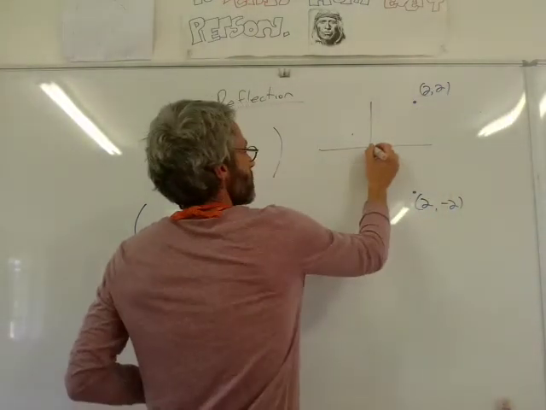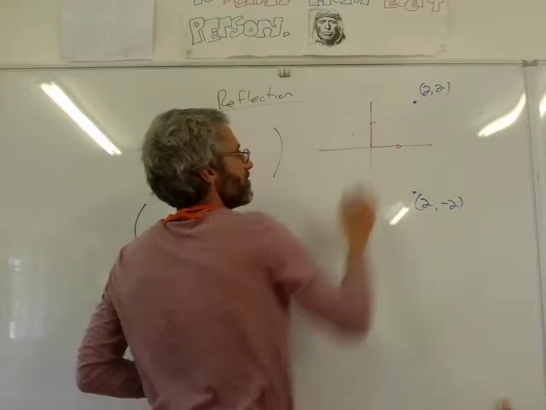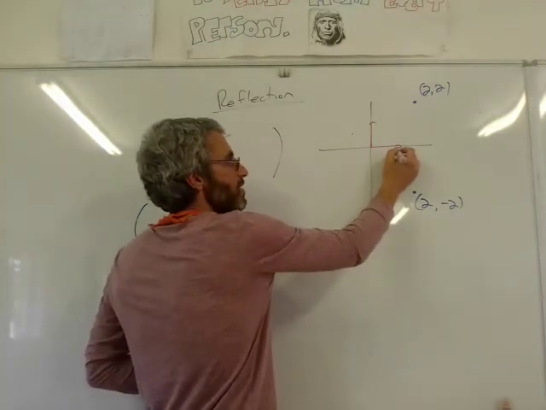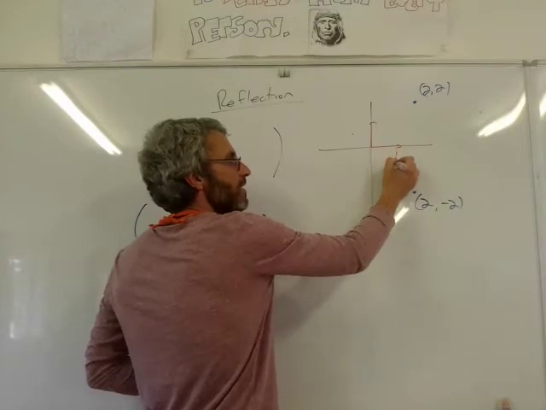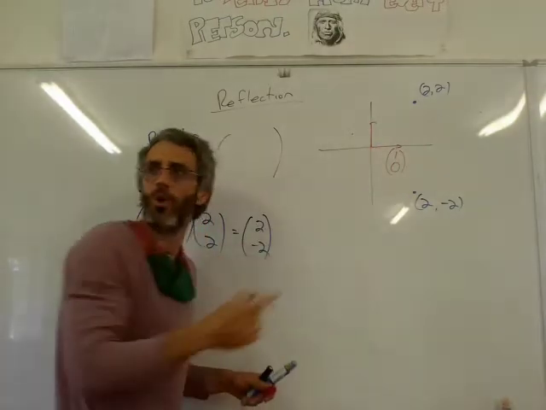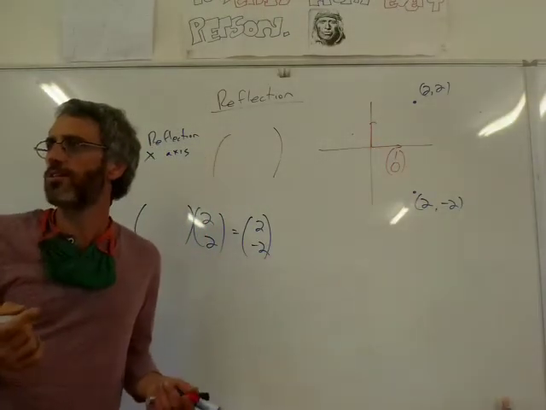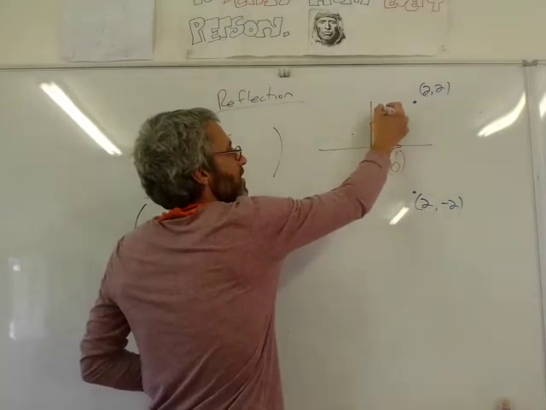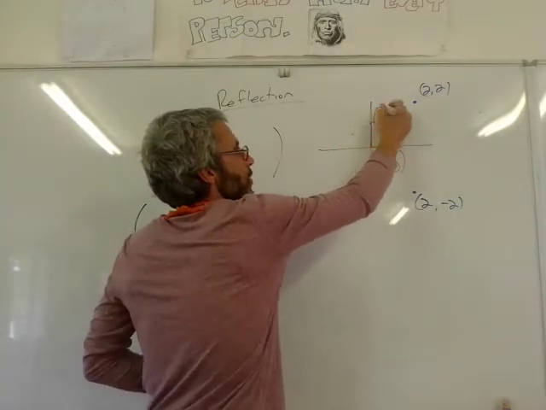The unit vectors. I draw the unit vectors. Two unit vectors. The first one is the x, which is 1, 0. The x is 1, and the y is 0. This one is 0, 1.